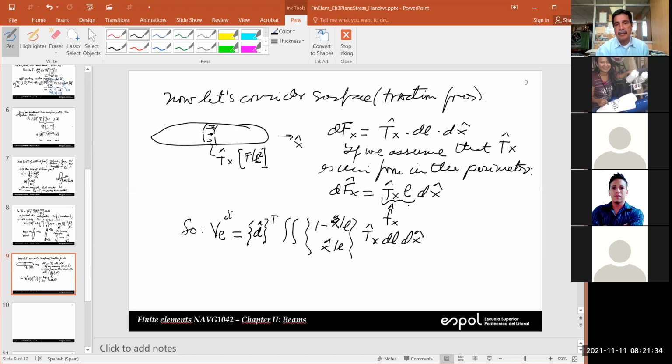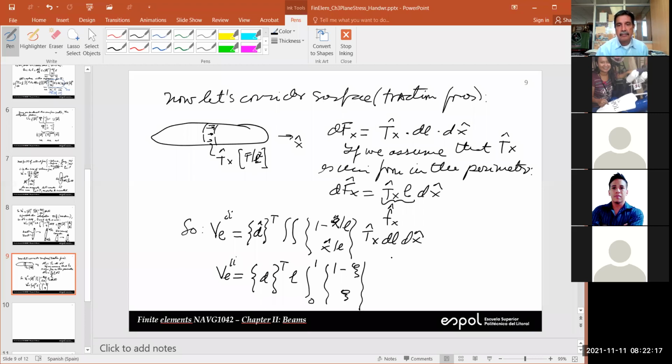Now, since we're assuming that this is the case, this multiplication integrated will give us force per unit length, okay? So we have this vector, I'm sorry, this row. This is going to be L, the integration from 0 to 1, because we are going to convert the differential.